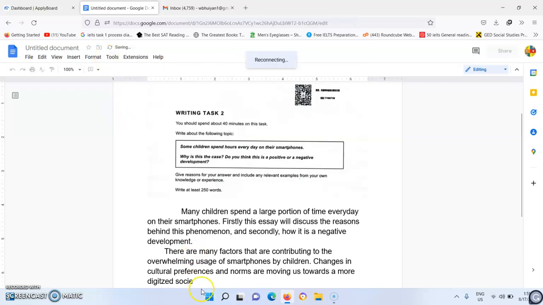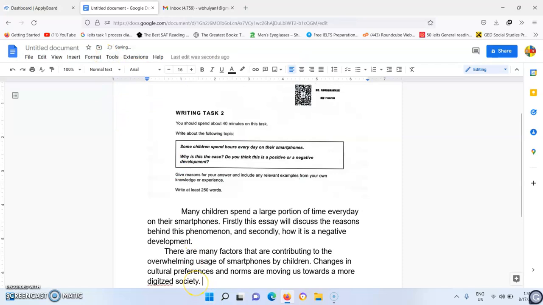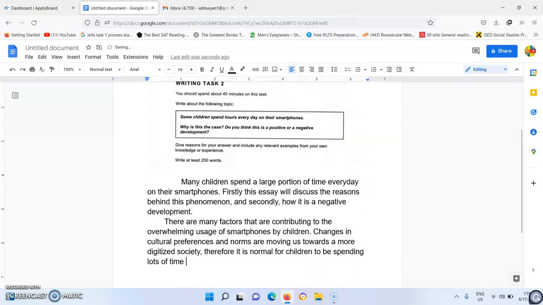Let me just fix this. Digitized society. Therefore, it is normal for children to be spending lots of time on smartphones.